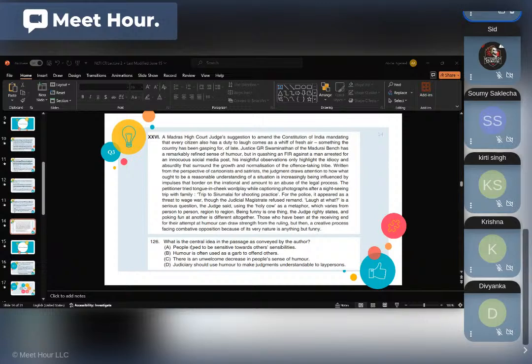Do we have any other suggestions, any other answers for this, or does everyone agree with option C? Okay, we got a B as well. Okay, let's see.